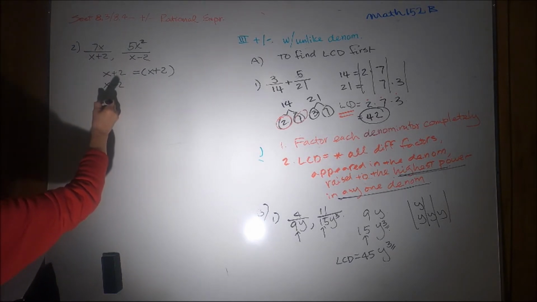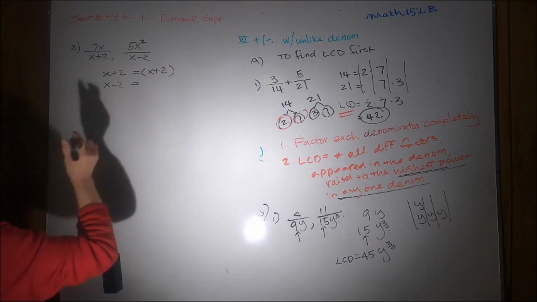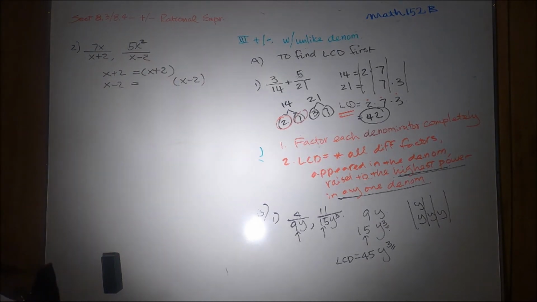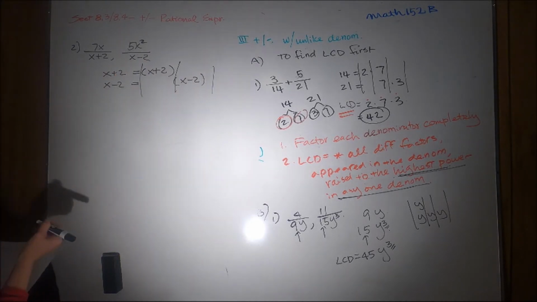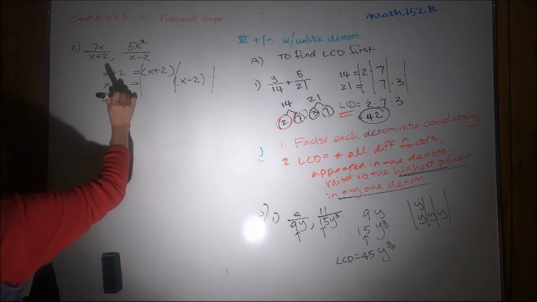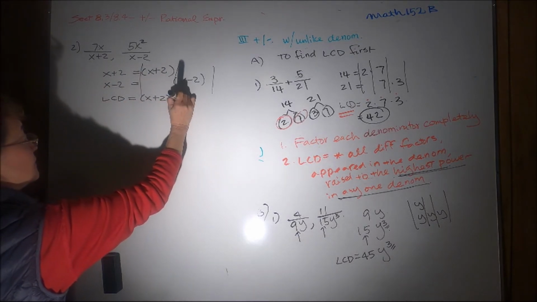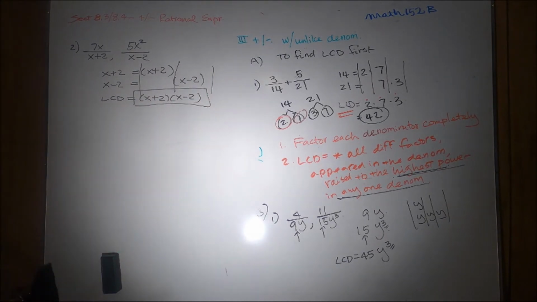Is that a prime? Yes, you put a parenthesis around it, but they are different kinds of things, so you write it separately. Then you line them up, right? So what's your LCD? You choose all the factors. So that will be your LCD.